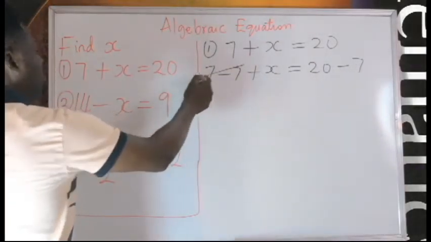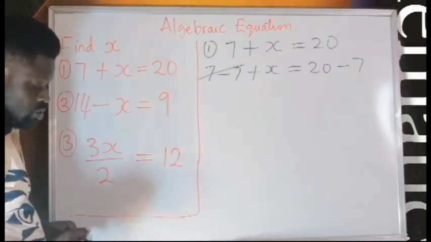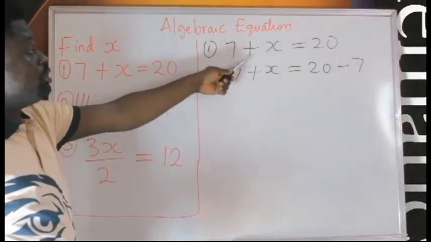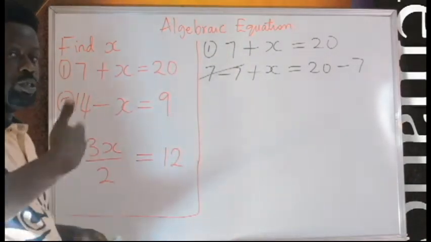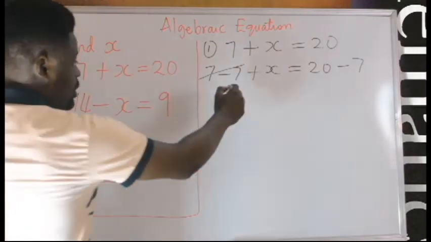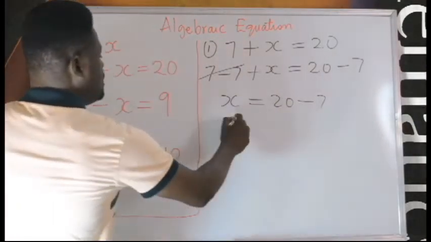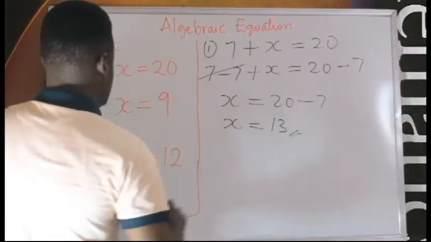So this 7 minus 7 becomes 0, so x is alone. Always focus on the unknown. Once you focus on the unknown, the number attached to the unknown, that's what you're going to add or subtract from both sides. So we have x equals 20 minus 7, x equals 13, and that's all.